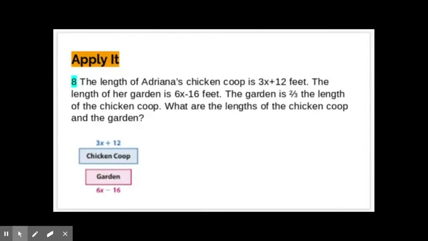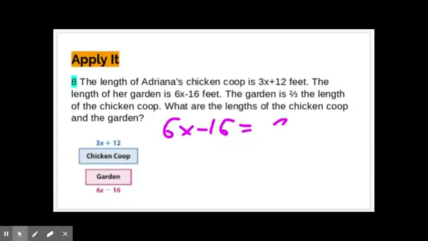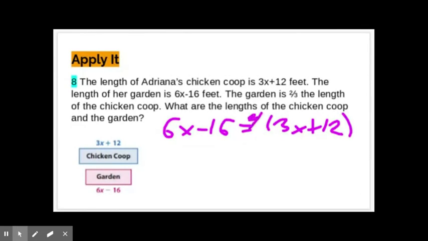We have our garden, which is 6x minus 16, and then our chicken coop, which is 3x plus 12. We are told that the garden is 2/3 the length of the chicken coop, which means we need to take the chicken coop and multiply it by 2/3 to set them equal to each other.